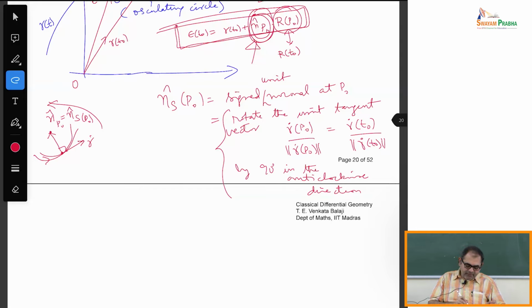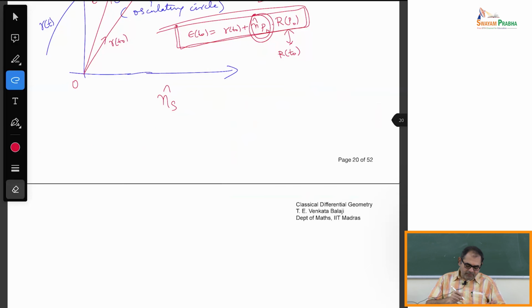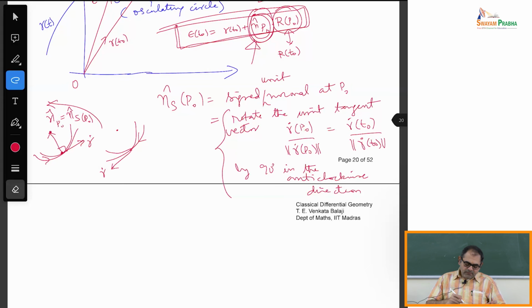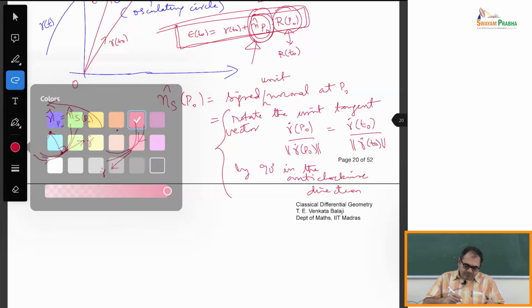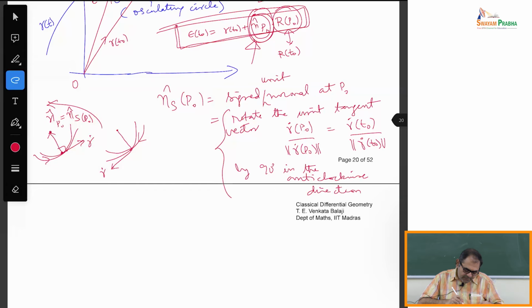So instead of going like this, suppose I went like this. Then at the same point, the tangent vector will now become like this. Again, the circle of curvature has not changed, the center of curvature has not changed. Now the geometric normal will be like this again.